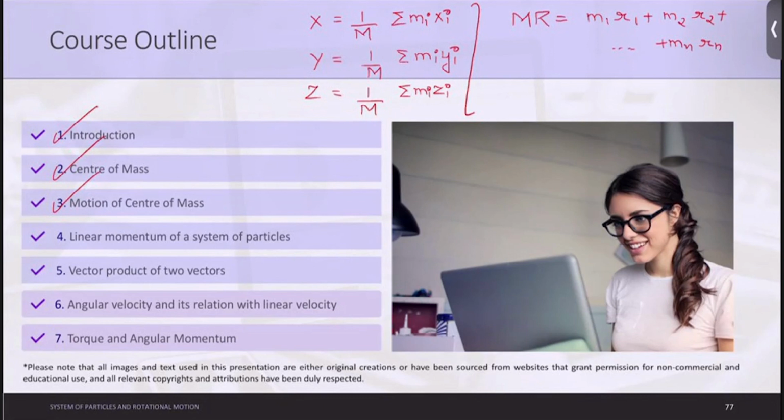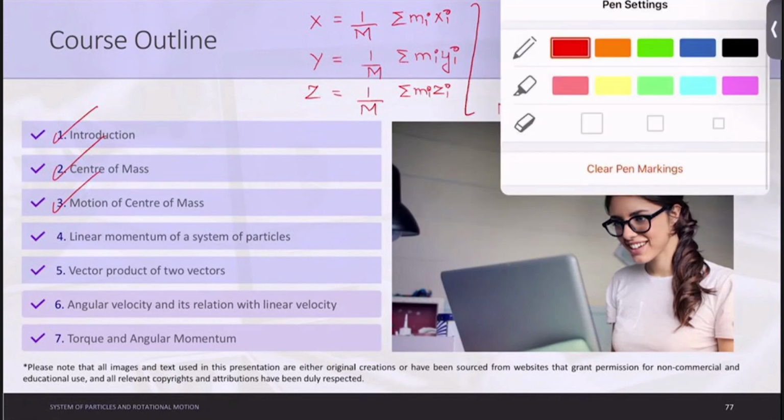When we differentiate it once, we get M v is equal to m1 v1 plus m2 v2 and so on until mn vn. Similarly, if we differentiate it again, we get total mass into acceleration of the center of mass is equal to m1 a1 plus m2 a2 and so on until mn an. Okay, I hope this is quite clear to you.